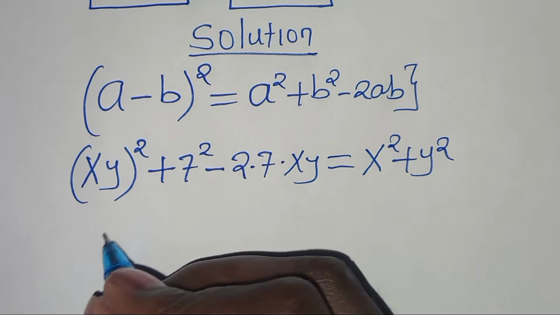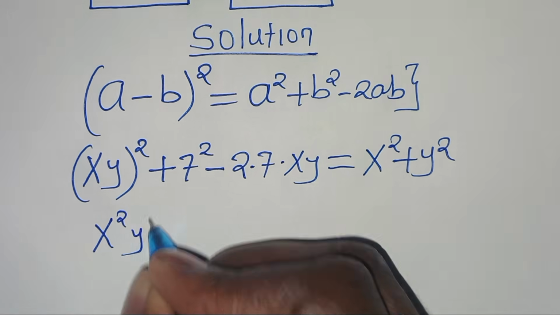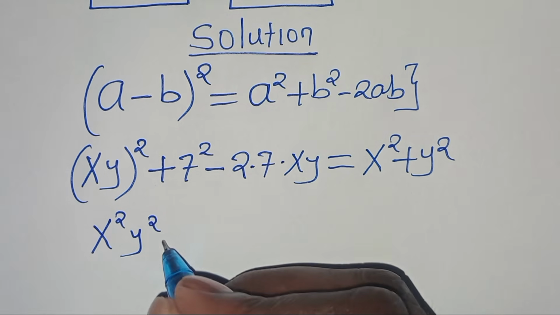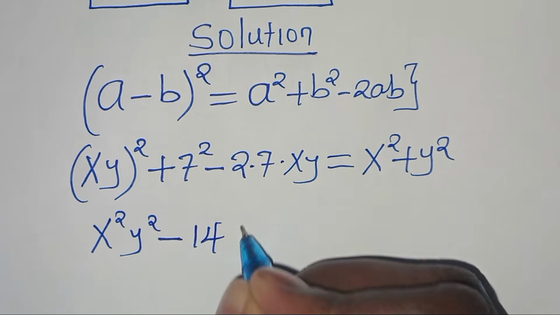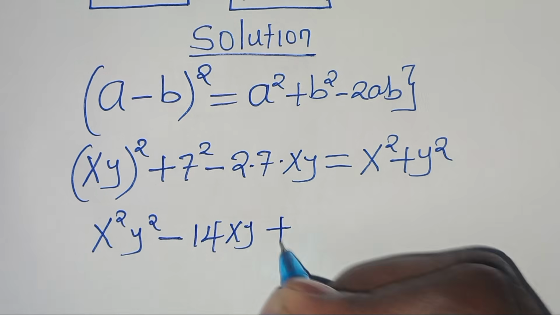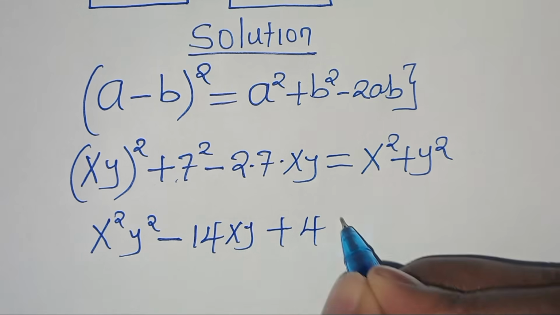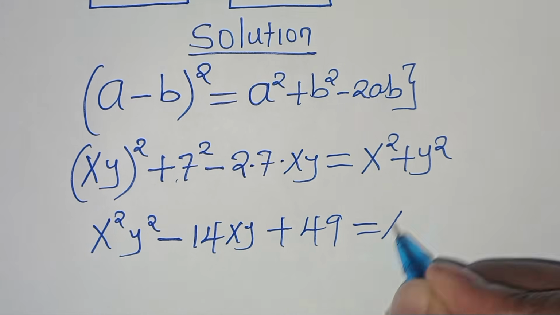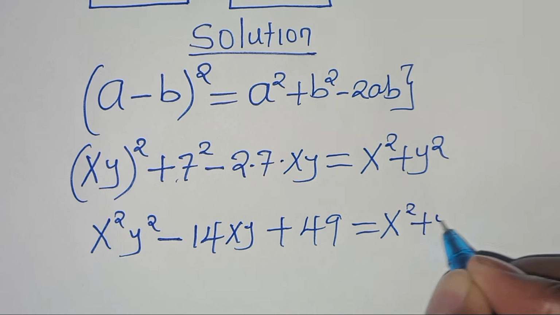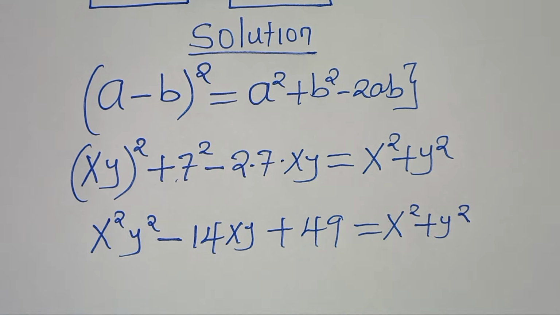So we have x^2 y^2, then minus 14xy, then plus 7^2, which is 49. This is equal to x^2 + y^2.